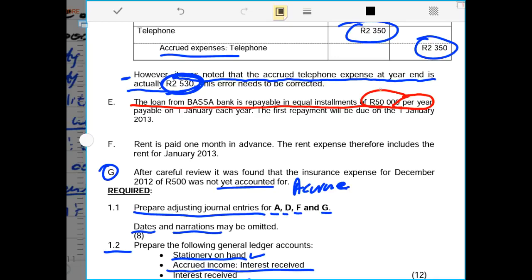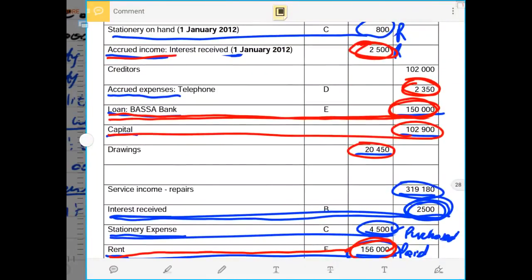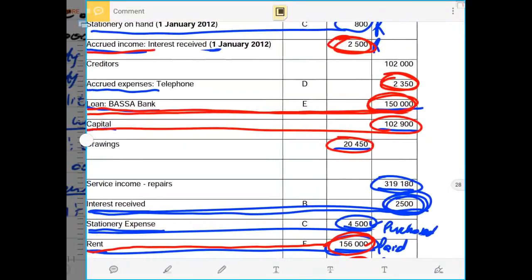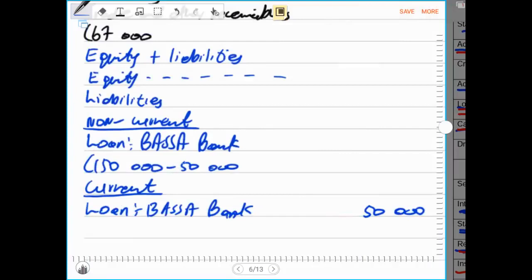So out of the loan of 150,000 rands that we see in the trial balance, 50,000 will be recorded as a current liability. That is why we remove it from non-current liabilities and transfer it to a current liability account.